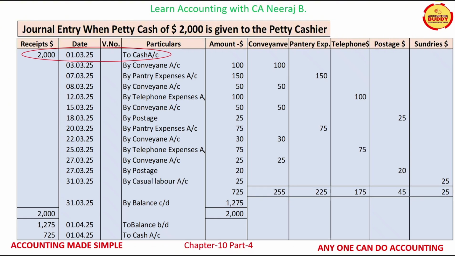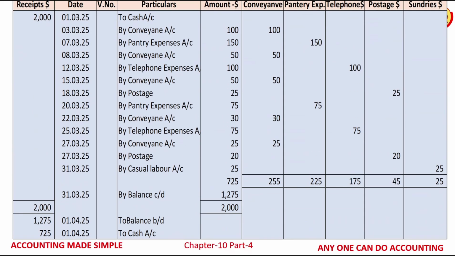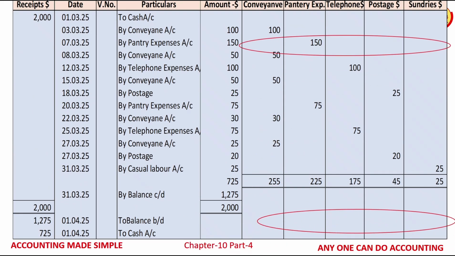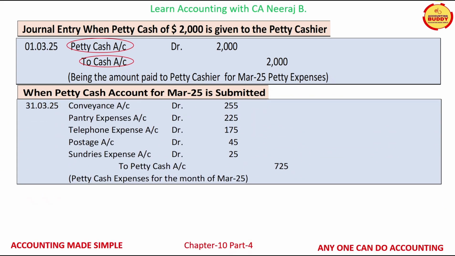Now the entry for $2,000 given to the petty cashier will be passed as appearing on your screens. The two accounts affected by this transaction are the petty cash account and the cash account. Petty cash account will be debited and the cash account will be credited. Now when the petty cash account is submitted, the summary total of each expense head will be considered for passing the entry. The entry will be passed as appearing on your screen.